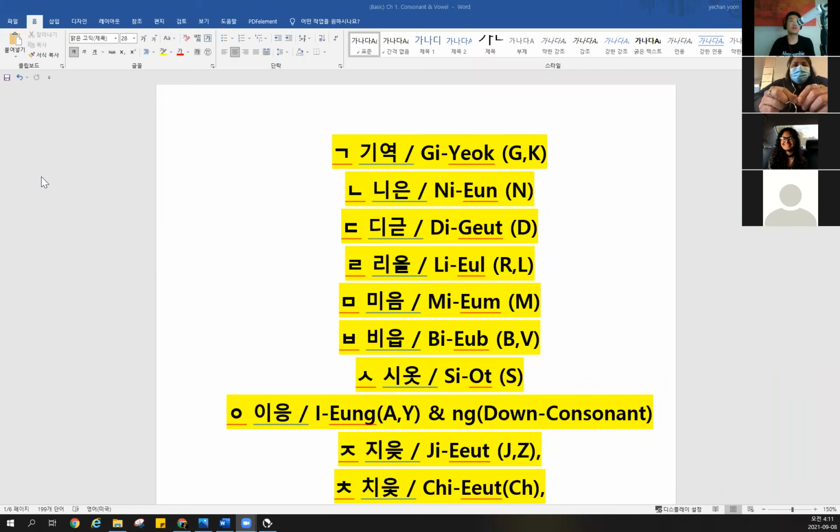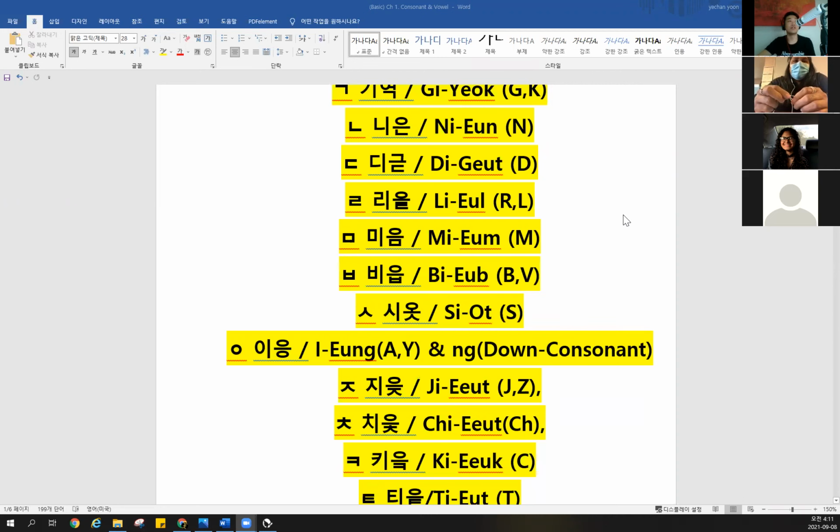Please remember it, everyone. R sounds like an R, right? But in South Korea, we don't actually use that much of the tongue or the lips. So R is also pronounced like an L, L, L. Next one, 미음, 미음.